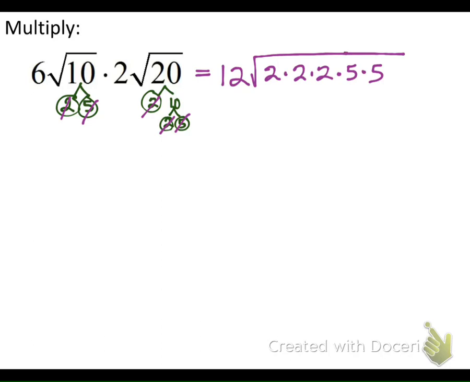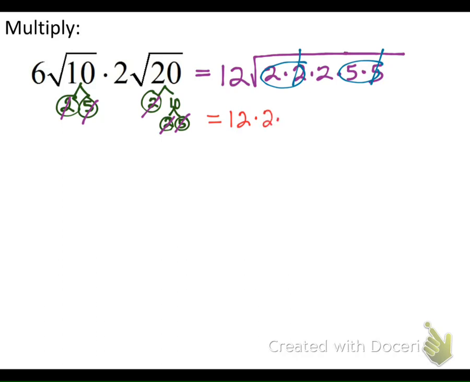All right, last step. Alex? Circle my pairs. The pairs cancel, and they go outside as a coefficient. What is the first coefficient that I have to remember to write? 12. Don't forget that 12. Then what's going to join that 12? 2.